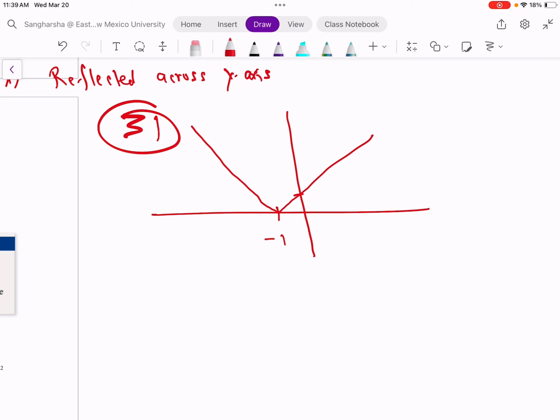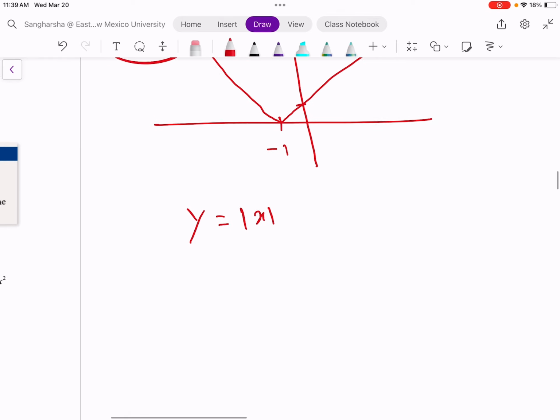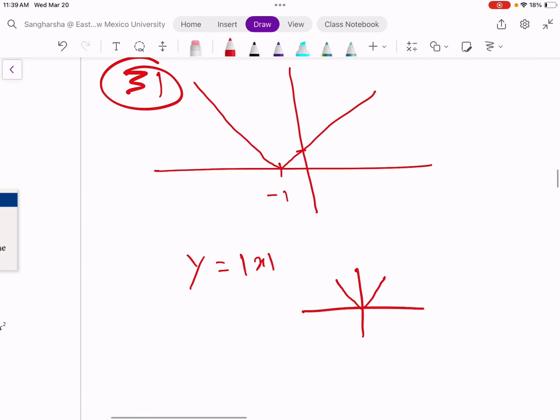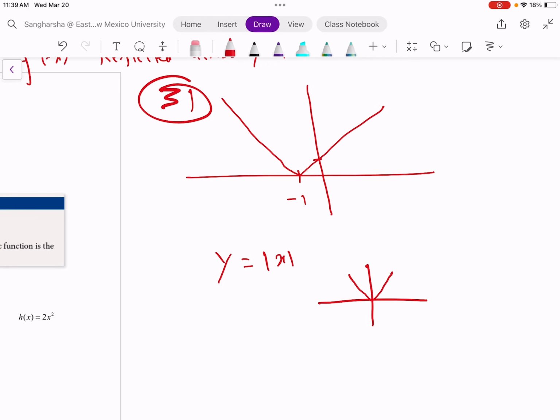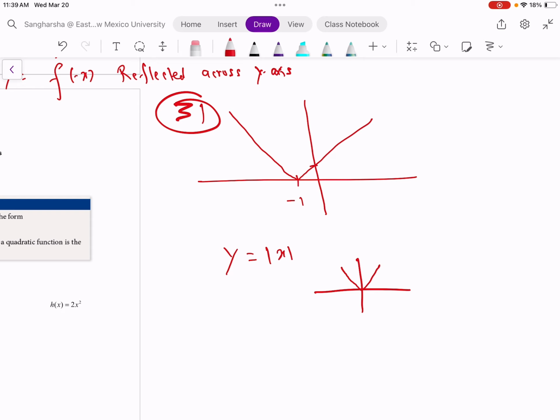Absolute value. So the basic function is y equals the absolute value of x. Now we know the graph of absolute value, we know the graph for this basic function, right? So one more time, this is the graph for the basic function. Now what difference do we have between these two graphs? If we compare to this graph, it has been shifted left by 1 unit, right?